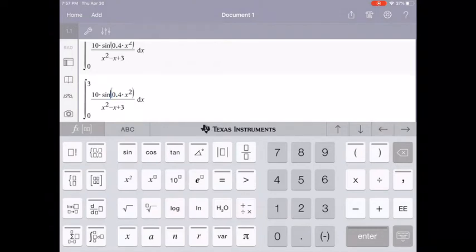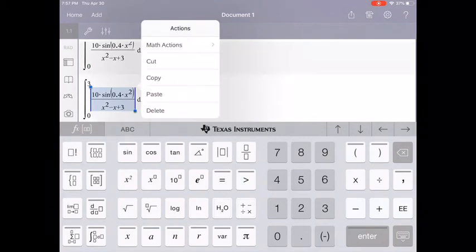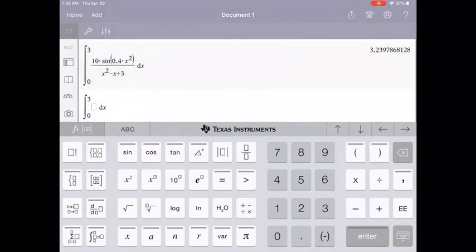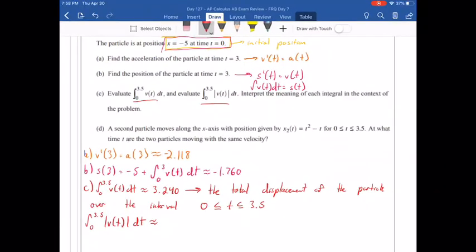Let me cut that, put in absolute value bars, and then paste it. Bam. So now I get 3.343.